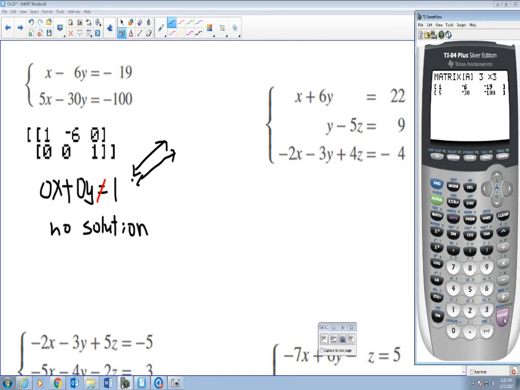Okay, 3 enter, 4 enter. So 1, 6, 0, 22, 0, 1, negative 5, 9, negative 2, negative 3. Ooh, messed up. Let me go to it. Negative 2.